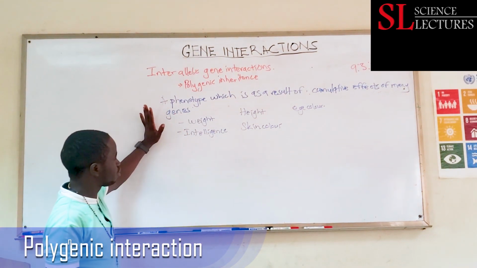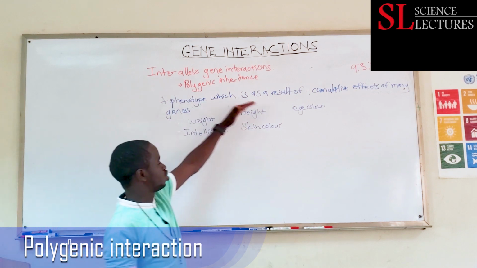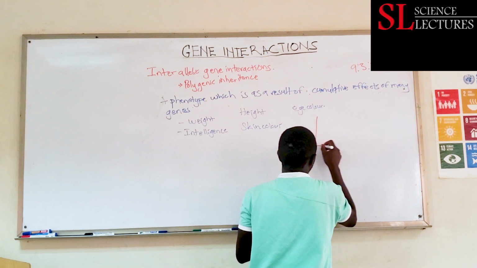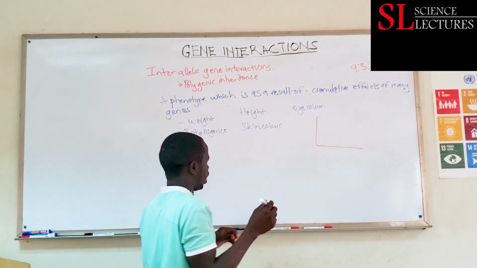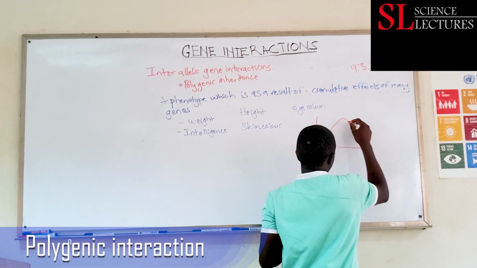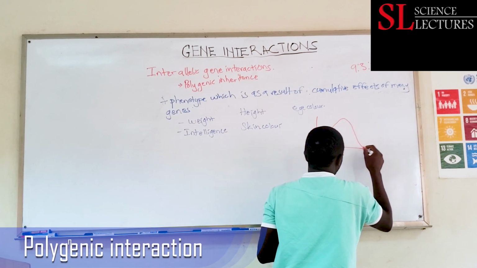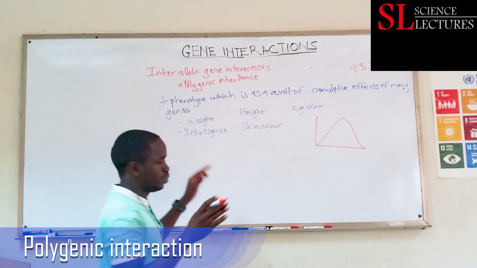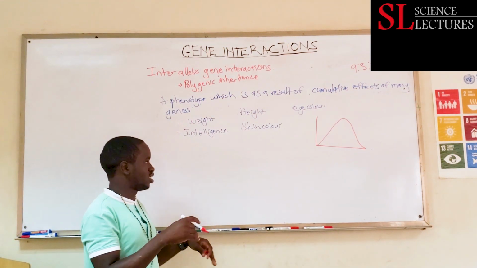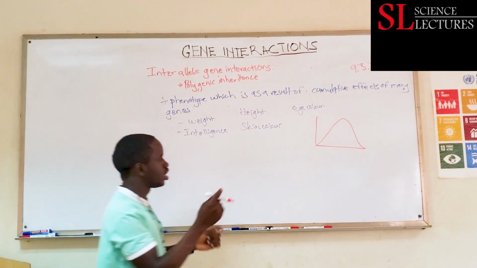And you will agree with me that these things usually show little difference. If I try to plot a graph, let's say of height, the graph shall go on increasing, then it shall go on decreasing. For me to say that you are dark skinned, somebody is light skinned, I need to have two contrasting individuals.